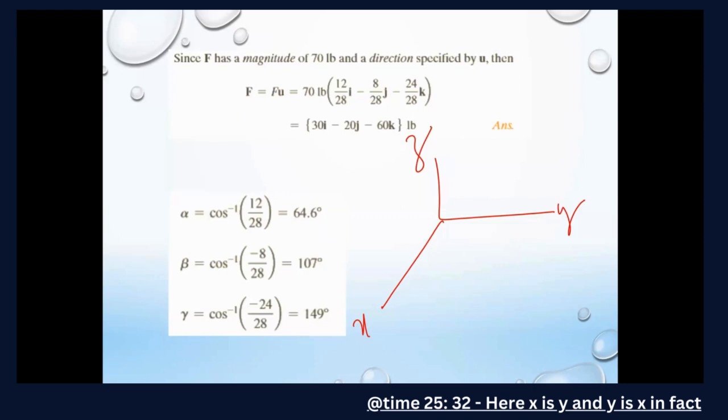Beta is more than 90 and gamma is more than 90 as well, so the vector will go somewhere here, basically on the other side of the x, in this direction.